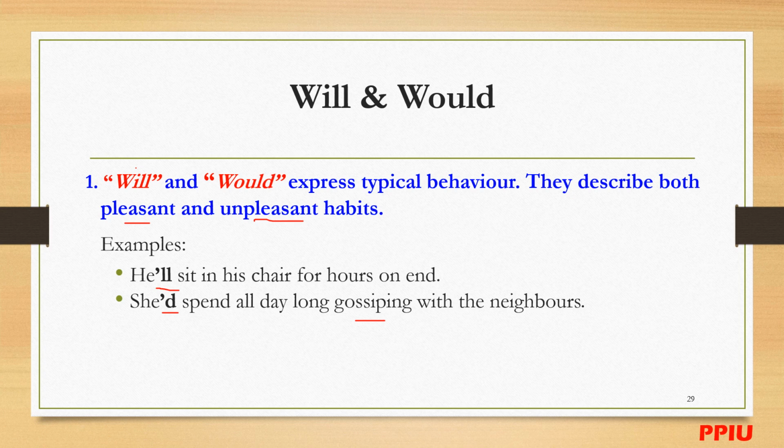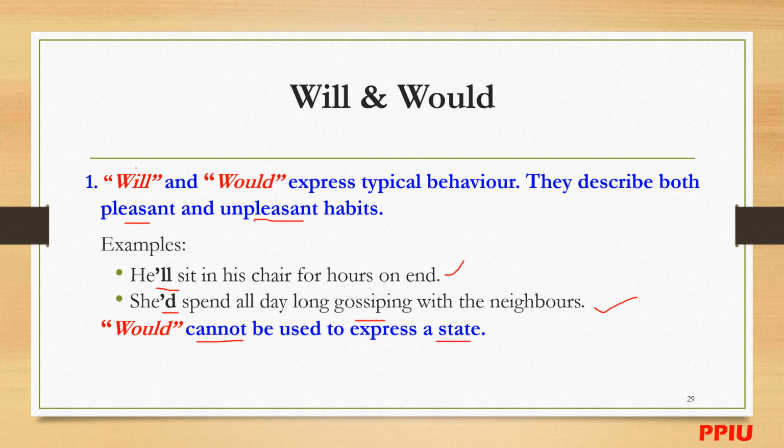Maybe unpleasant for others, but pleasant for this thing she likes. But this one may be a positive result. This one is a negative result. Gossip is not good. All right. Okay. Just keep noting: notice with this one, would cannot be used to express a state.